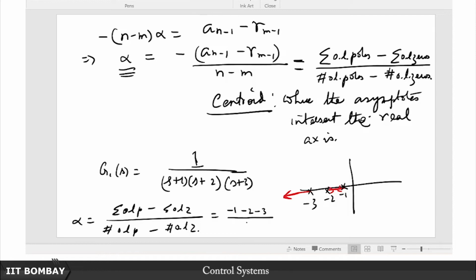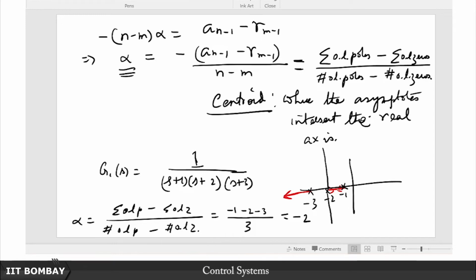So this is divided by 3, because the relative degree is 3: 3 poles, no zeros, so 3 minus 0 is 3. So this is 3 plus 3, 6. So minus 6 by 3, that's minus 2. So essentially, we find that the asymptotes will intersect at this point.